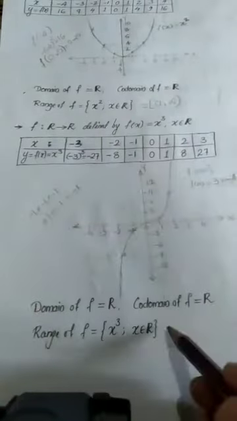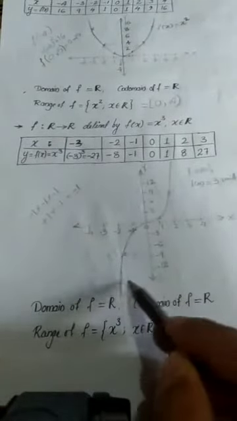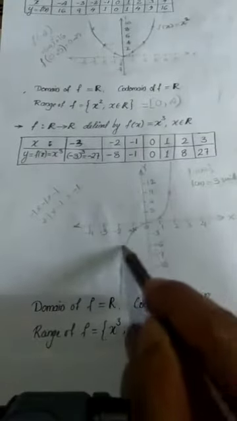That means it is starting from... So look at here. Here we have values, here we have values, and also here we have values.